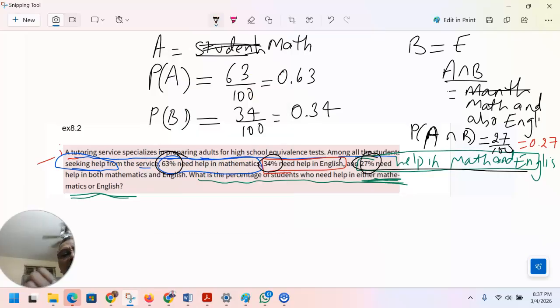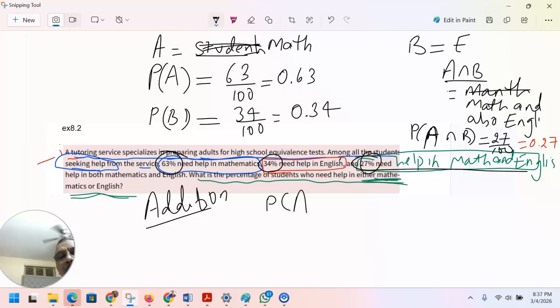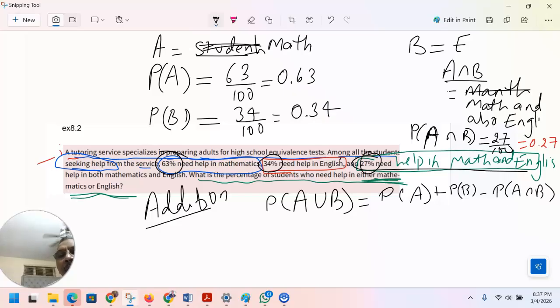So we are going to use the addition rule. And what does the addition rule say? The addition rule says the probability of A union B is the probability of A plus the probability of B minus the probability of A and B, like you see. So you already know the answers.